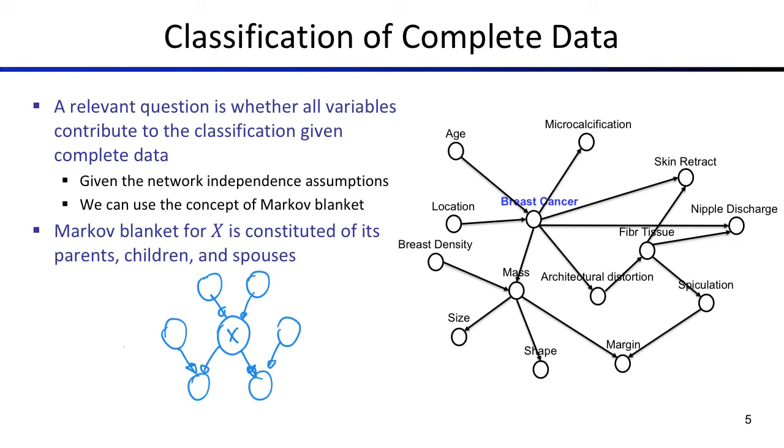We say that if we observe the variables in the Markov blanket, we isolate x from all the remaining variables that we have in the graph. So let's try to understand why that happens.